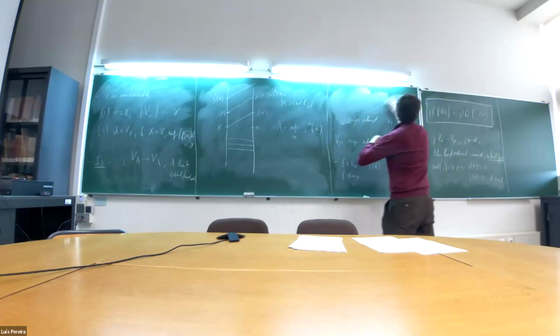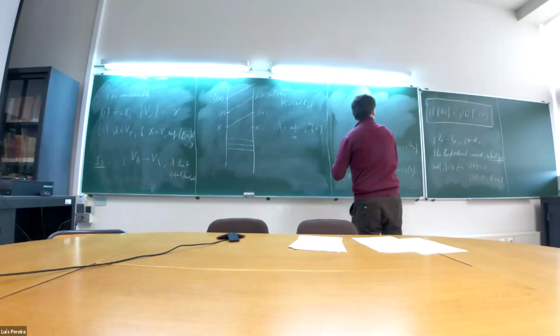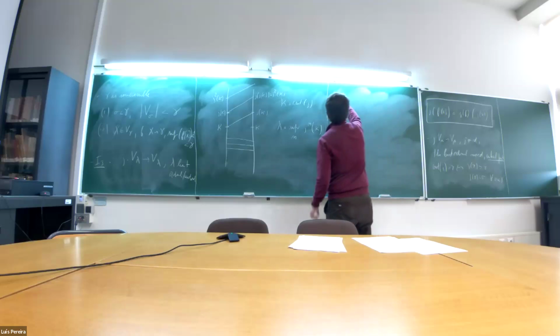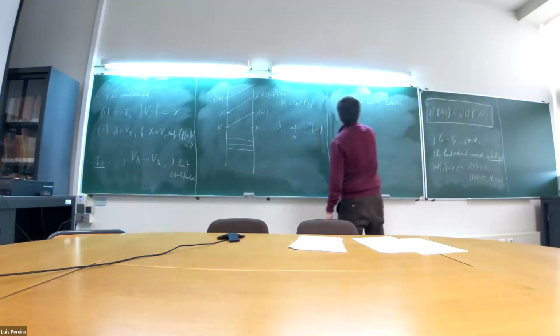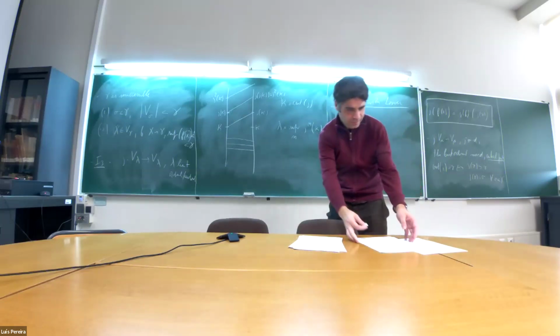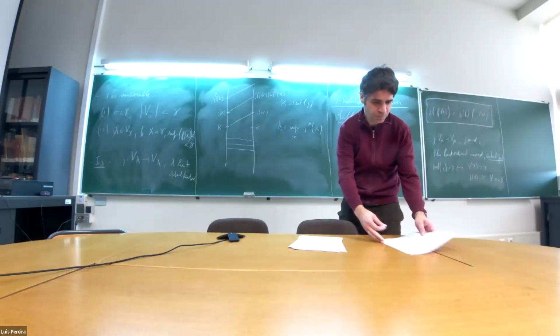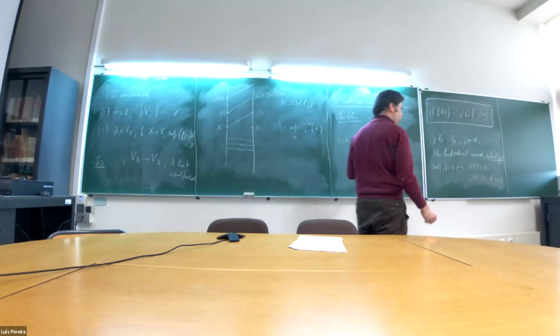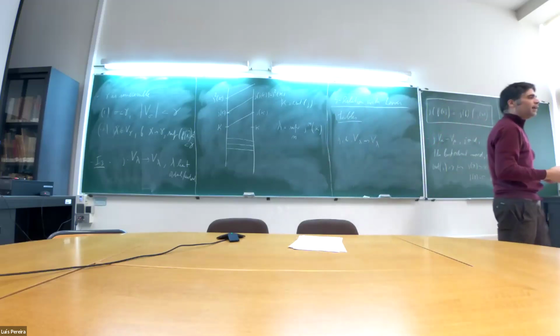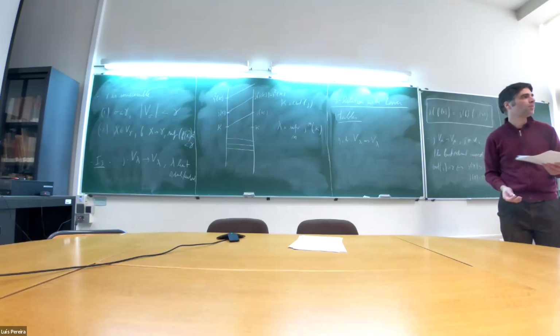Section 3, relation with Laver tables. Suppose we have embeddings from V lambda into V lambda, and we want to define some operation that has something to do with this left distributive law.